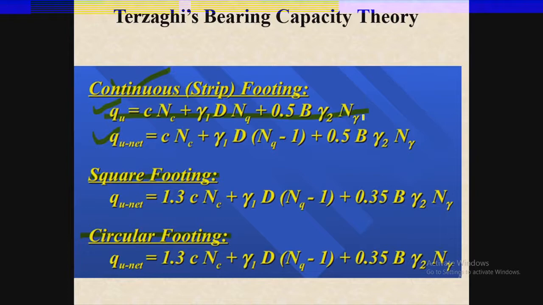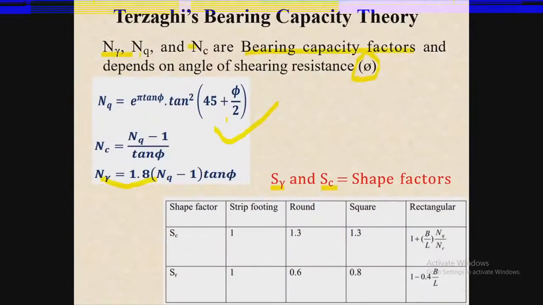SQ is 1 for continuous footing, SQ is 1 for square footing, SQ is 1 for circular footing. So that's why we are not writing the SQ, because for all shapes of the foundation the value of SQ will be equal to 1, but the value of SC and S gamma will not be 1 when we change the geometry of the foundation.